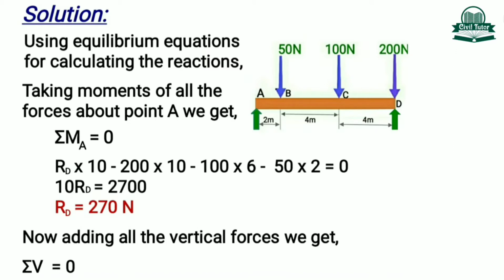In this case, we need to find the moments of all the forces about point A. For that, we need to come from right to left. So we will assume anticlockwise moments as positive and clockwise moments as negative.